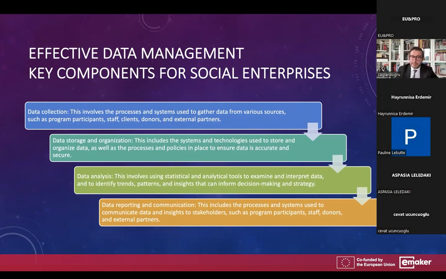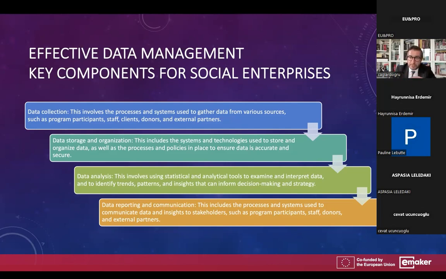And in the second step, what should we do with the data collected? We should store and organize the data. So in this step, the systems and technologies used to store and organize data should be well organized by us.